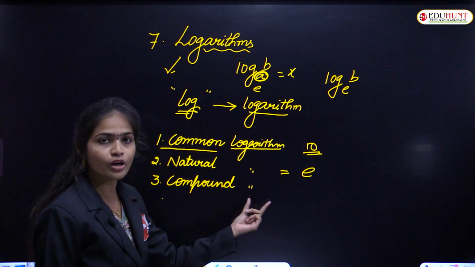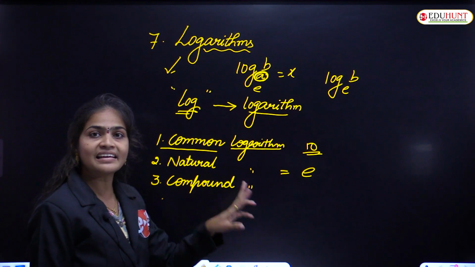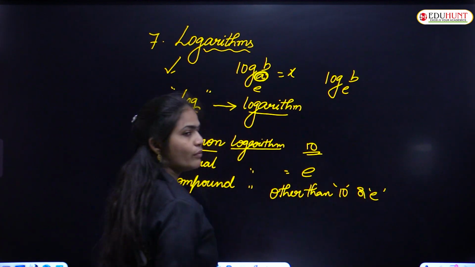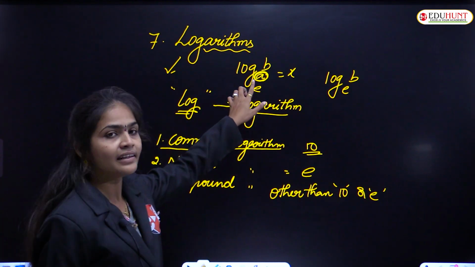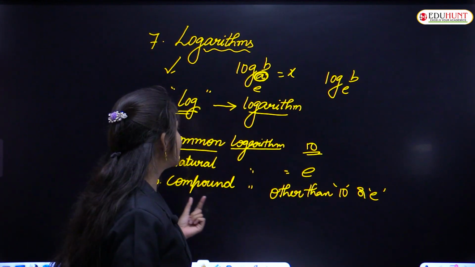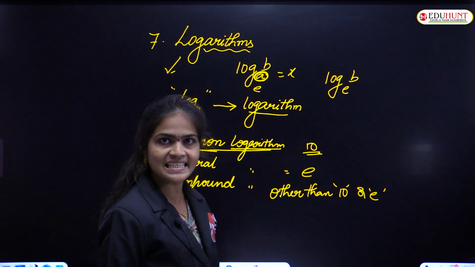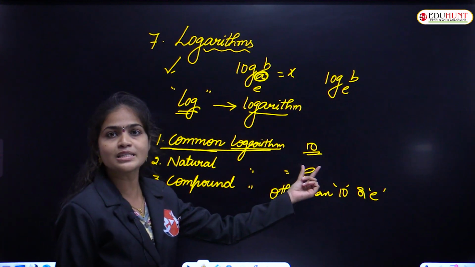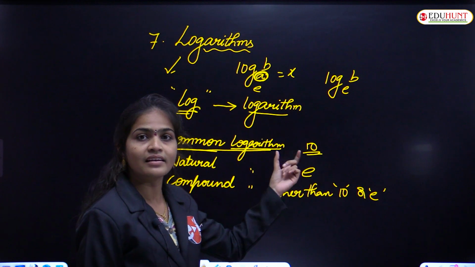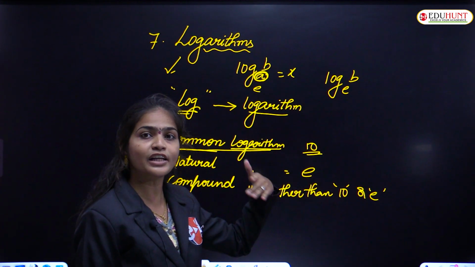Compound logarithms means the base is not equal to 10 and not equal to e, any number other than 10 or e at the place of a. Once again: common logarithm is defined for base 10, natural logarithm for base e, and compound logarithm for any other base.